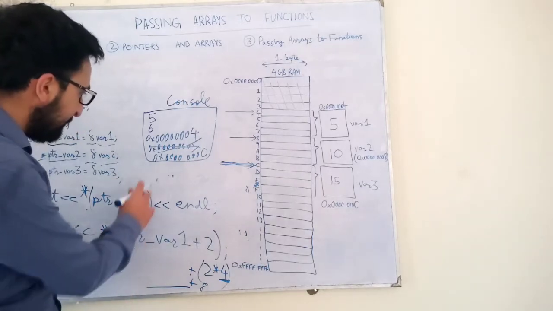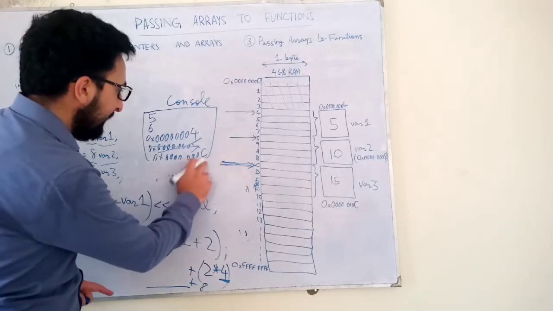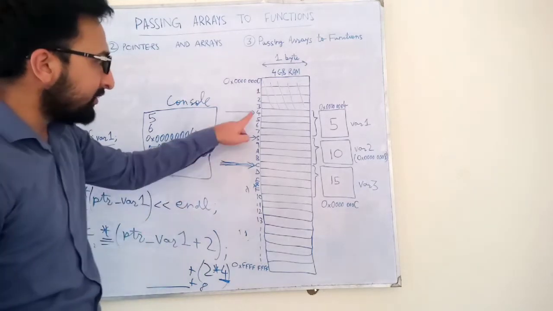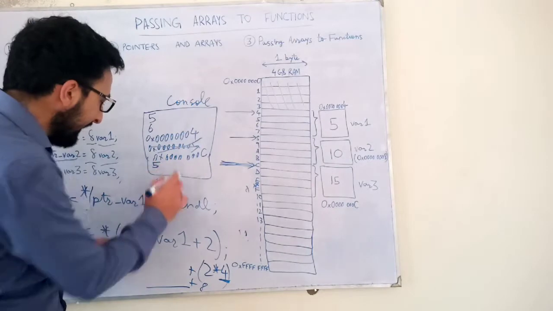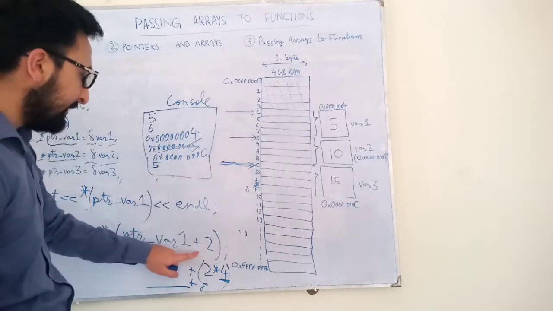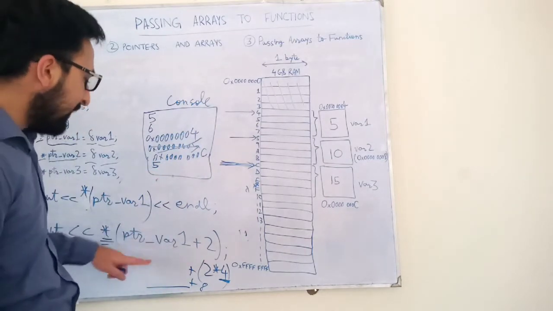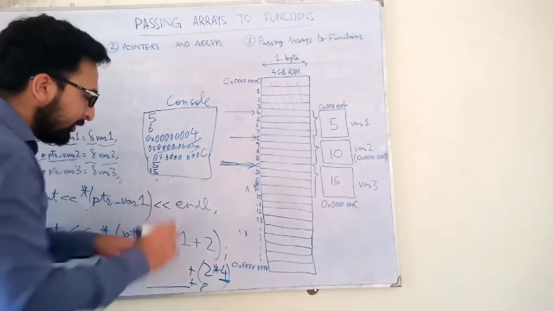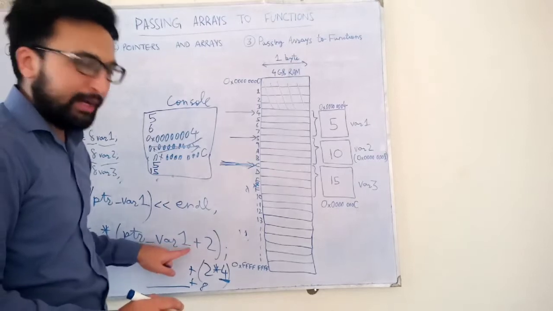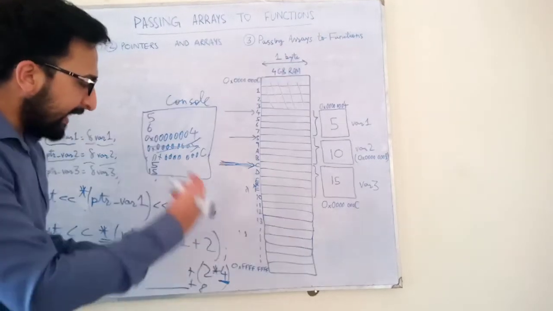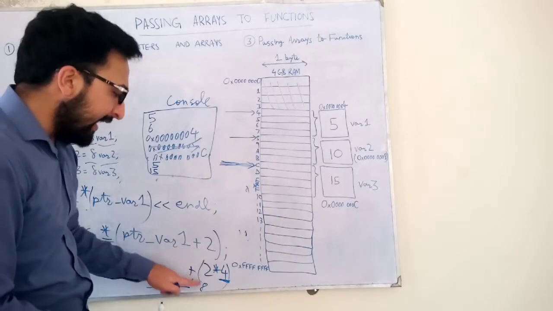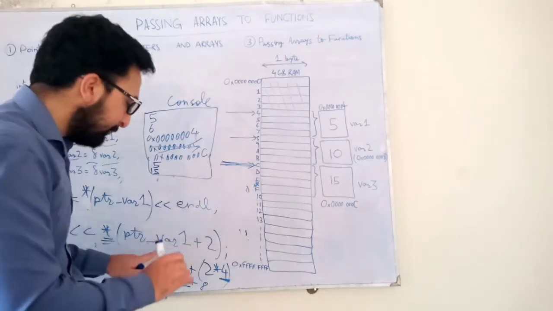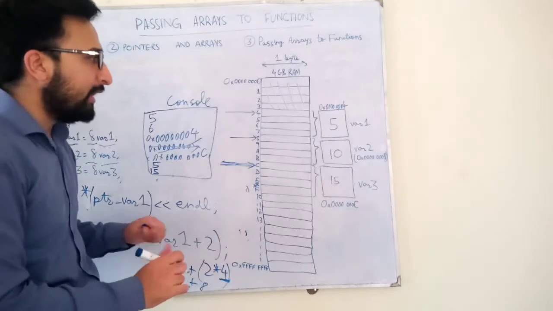So here what will be printed if we extend our console here. By writing this particular line, what was printed on the screen? 5. And by writing this line of the code, what will be printed on the screen is basically 15. Because by doing plus 2 after the pointer variable's name, we have technically added 8 addresses to the address that was basically stored in the pointer variable 1, ptr_vr1.